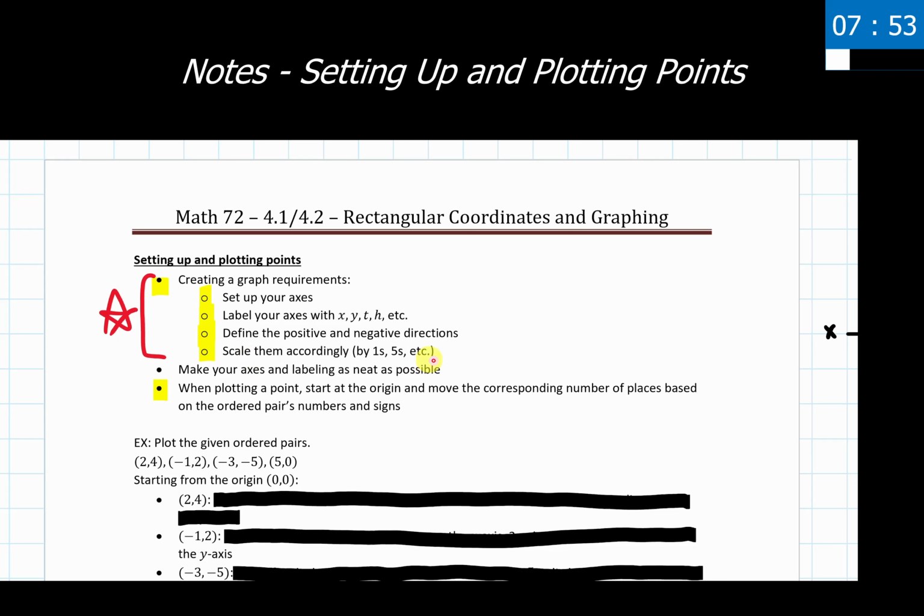Am I counting every single tick mark on the grid going horizontally by 1s, by 2s, by 5s, by 10s? And then the same thing with the vertical axis. Am I counting the vertical axis by 1s, 2s, 5s, 20s, 100s, whatever that may be?